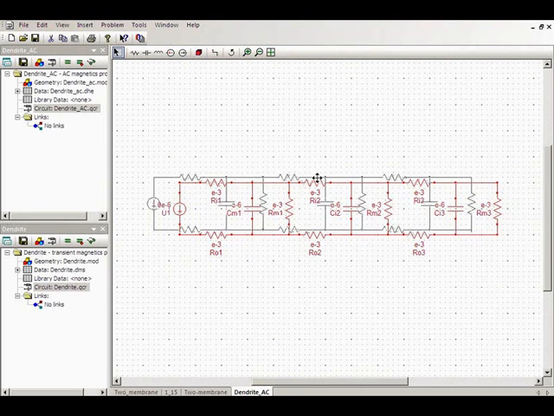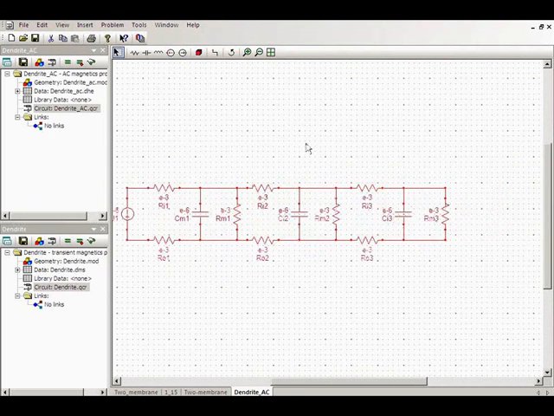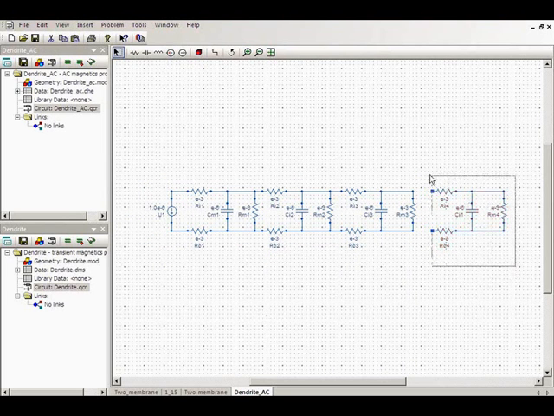We can continue to increase the length of this by just simply cutting and pasting. So if I wanted, say, for example, to add another network here, I will simply cut and paste and join it like this. So I can continue to build this network as long as I want to.